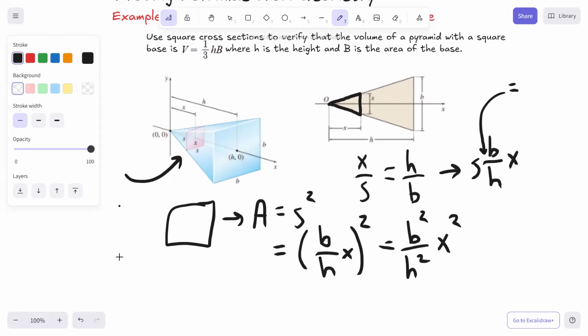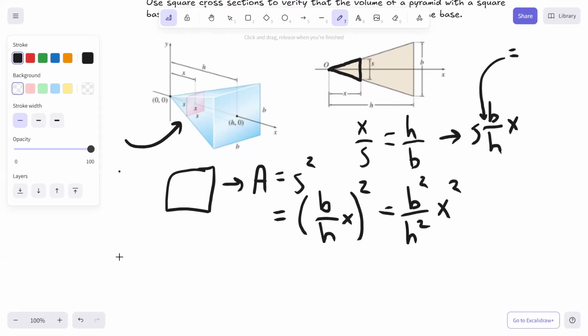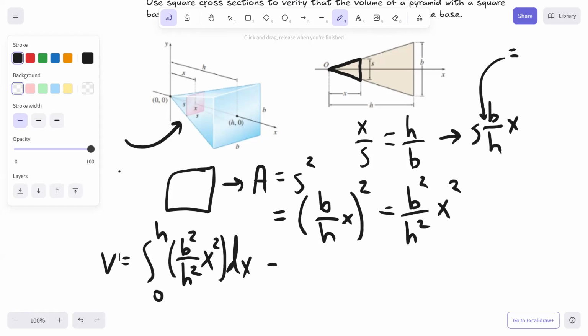Now, again, since the area function is a continuous function of x, remember x is where we took the slice, we can get the volume by simply integrating the area function from 0 to h. So the integral of b squared over h squared x squared dx.